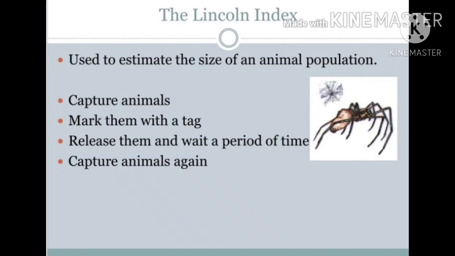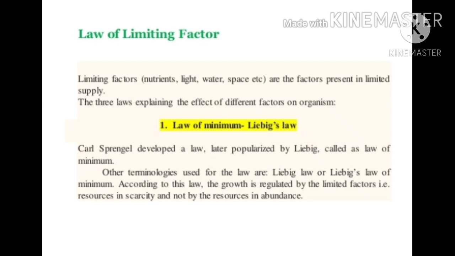Next one is Liebig's index. It is associated with a law known as Liebig's law. Liebig's law is one of the laws explaining the law of limiting factor. We already studied Blackman's law of limiting factor in photosynthesis. Okay. What do you mean by Blackman's law of limiting factor?